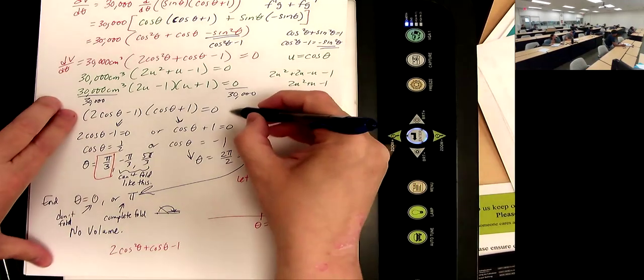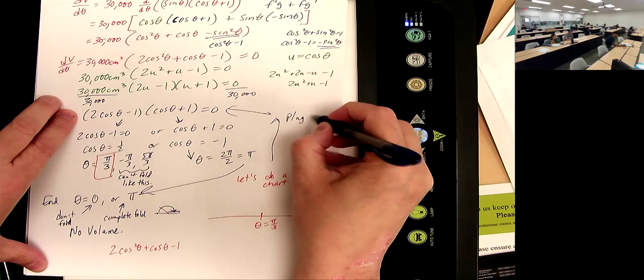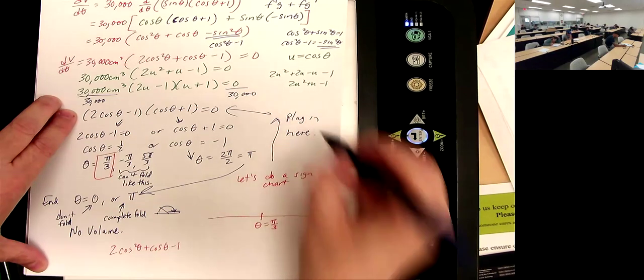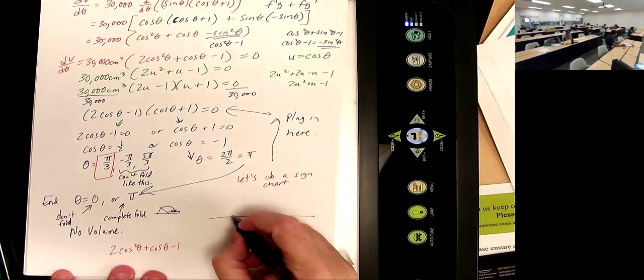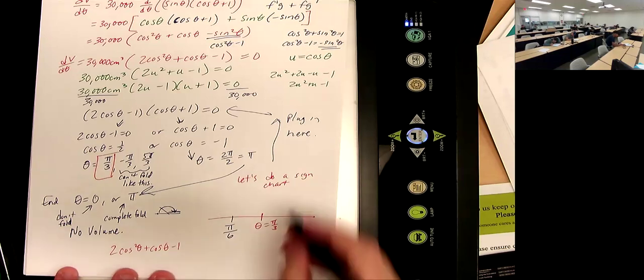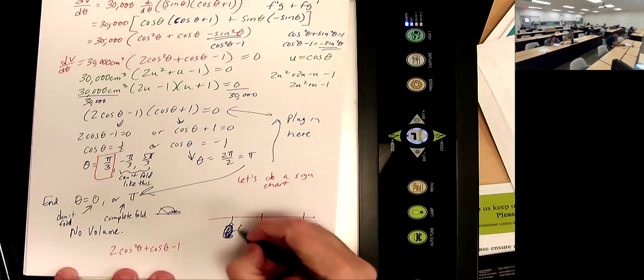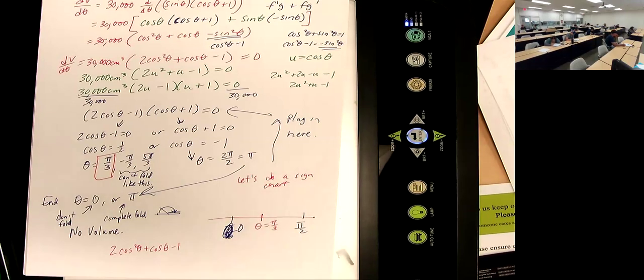Below pi/3 it would be pi/6, and above it, pi/2 makes this an easy calculation. Actually, let's go to 0, that's even easier. 0 and pi/2 are the easiest calculations there.